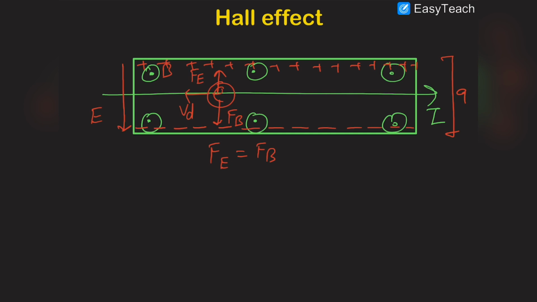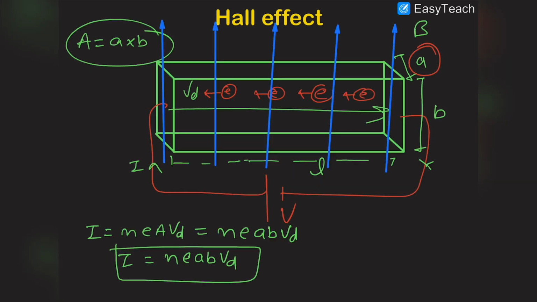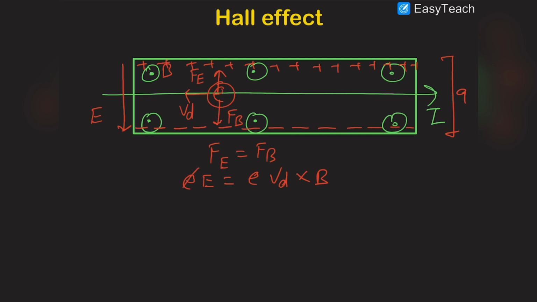Now Fe will be equal to eE, and Fb will be equal to q v B, which is e times vd, the drift velocity, times B, the magnetic field. Now the value of drift velocity vd is equal to I upon neab.